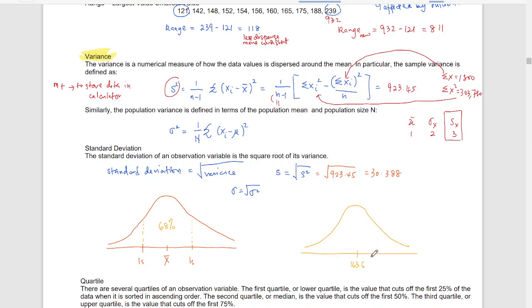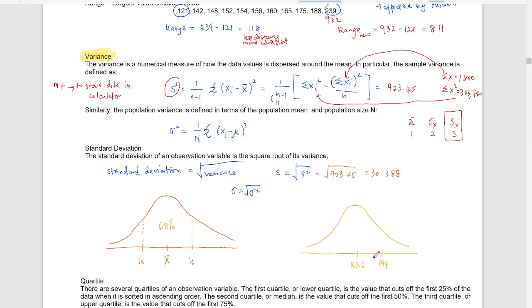plus the standard deviation, 30.388, so you get the upper bound here to be 194. Okay, you have here 194.